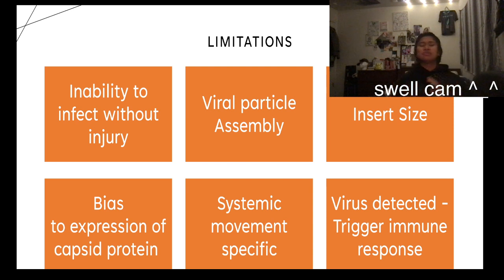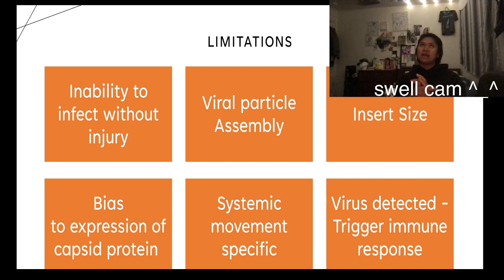Another limitation was the insert size of your gene of interest. If it exceeded a certain amount, it would be destroyed and your protein of interest would not be able to be expressed because of the large size. So you're limited to a smaller range of genes and proteins.